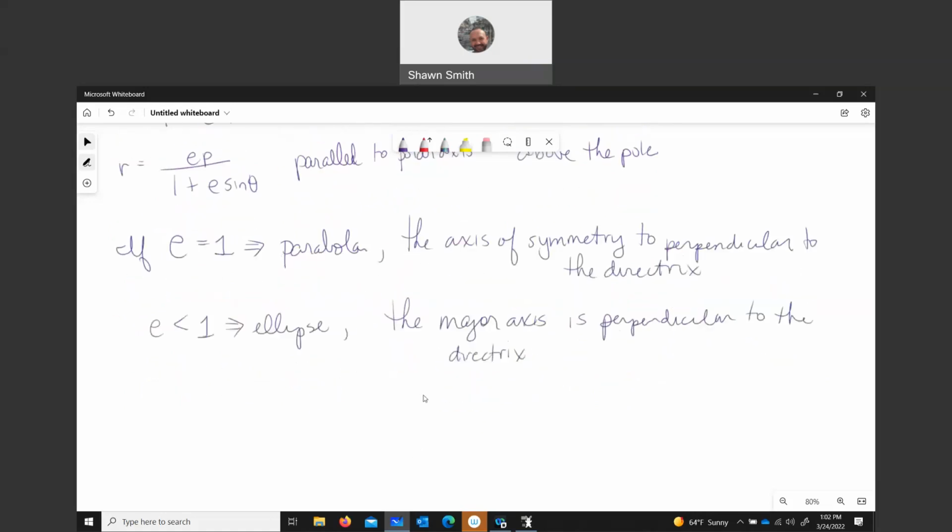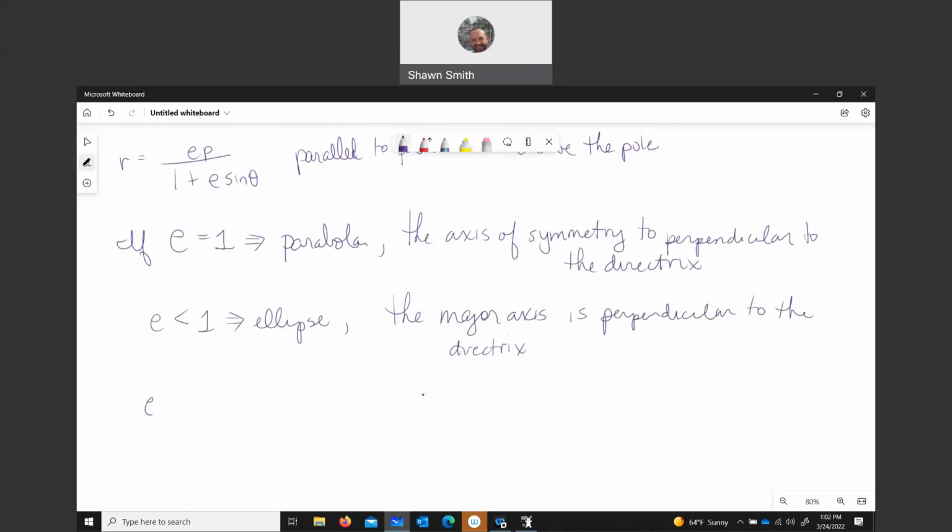And if E is greater than 1, we have a hyperbola. The transverse axis, that's the axis that the center, the vertex, and the foci all line up on, is perpendicular to the directrix.